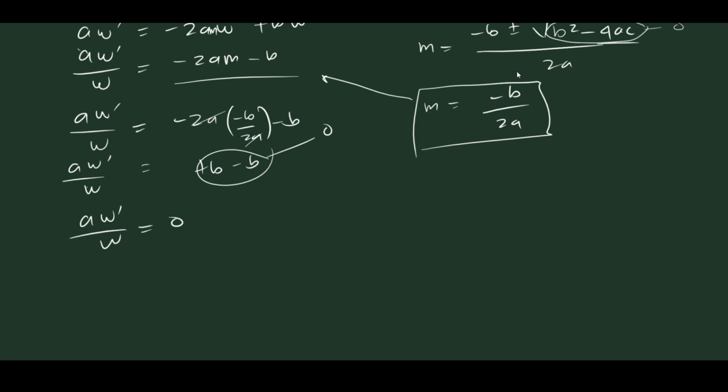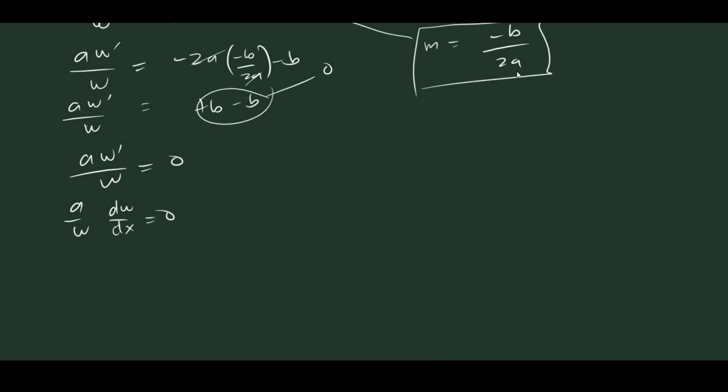Okay, so if we integrate this, let's format it first. a over w, and w prime is dw over dx, right, is equal to 0. Now if we multiply both sides by dx, we will get a over w dw is equal to 0 dx.